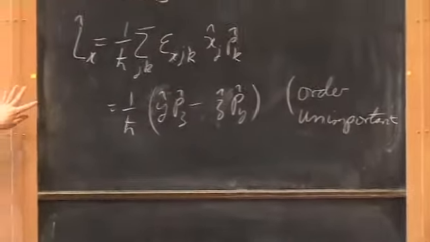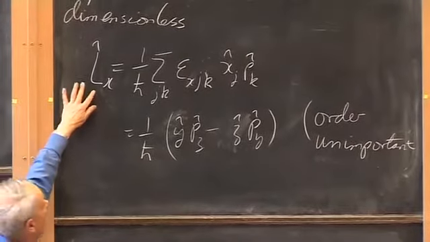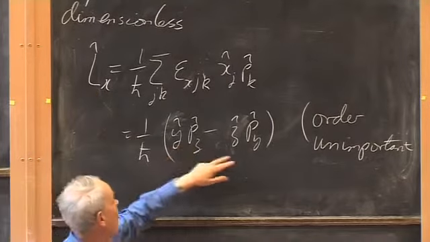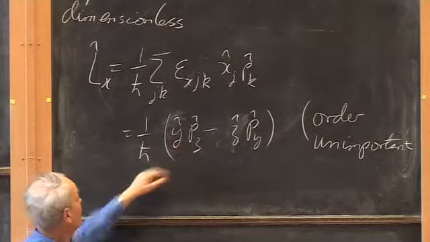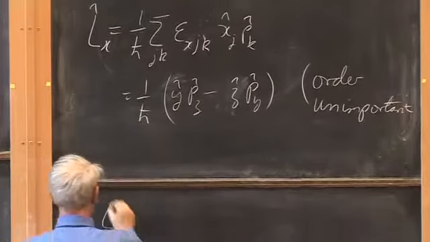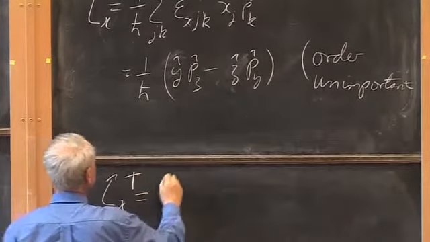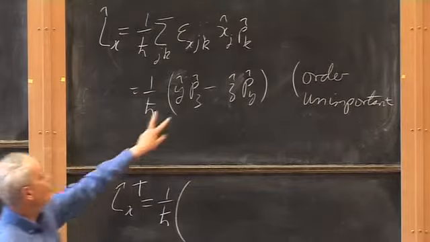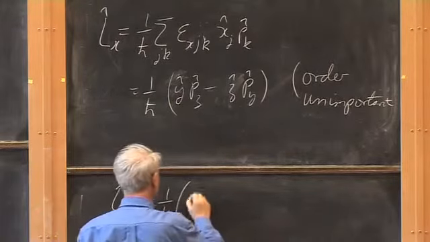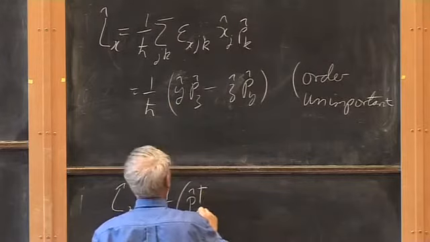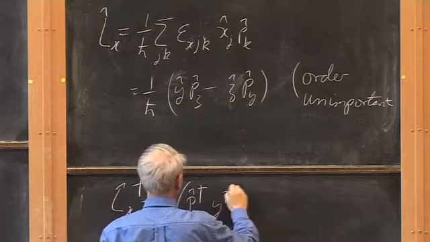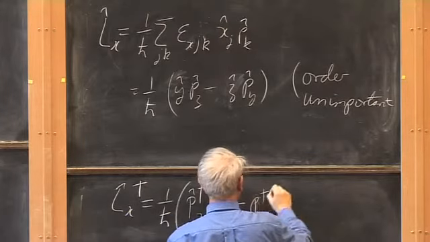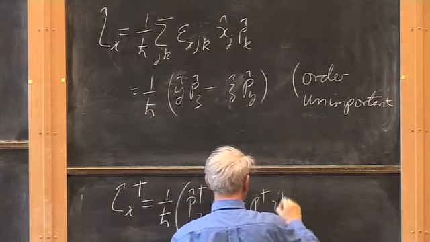Lx is also going to be a Hermitian operator, because if we take the dagger of this equation, we will have the dagger of what? Well, let's do it. Lx dagger is going to be 1 over h bar. The rule is when you take the Hermitian adjoint, you have to reverse the order of the operators, so it's going to be p_z dagger y dagger minus p_y dagger z dagger.